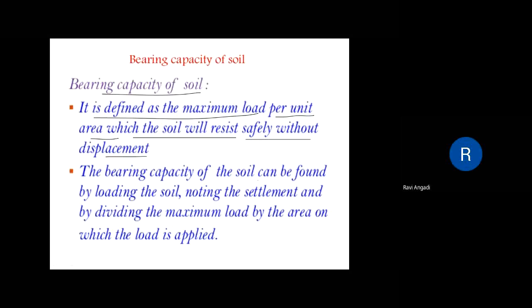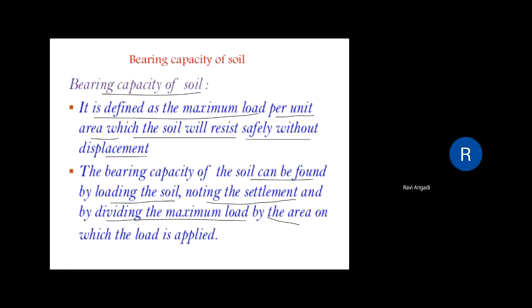Then the bearing capacity of the soil can be found by loading the soil, noting the settlement, and then dividing the maximum load by the area on which the load is applied.